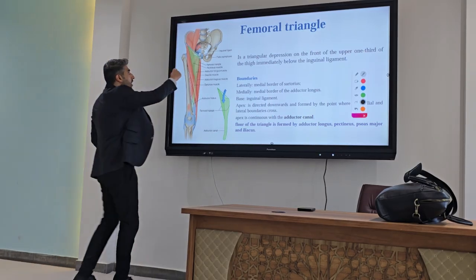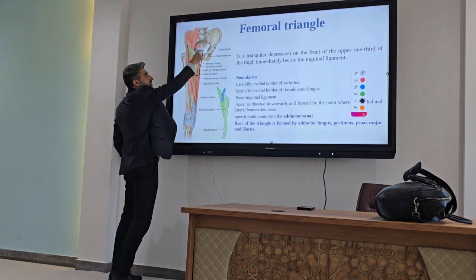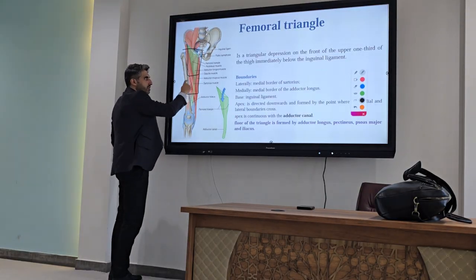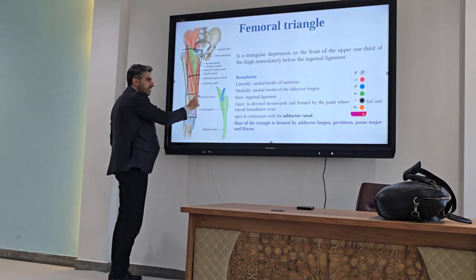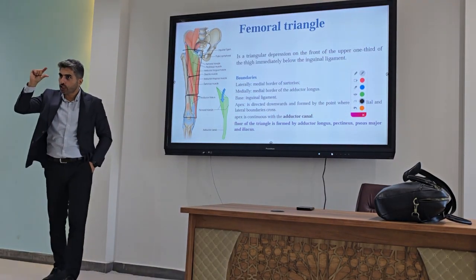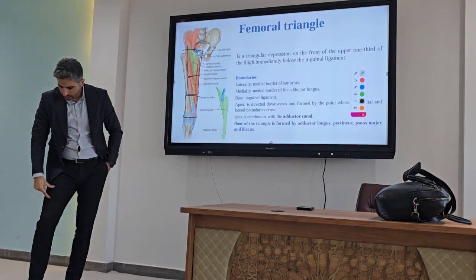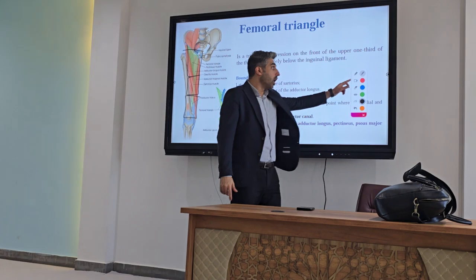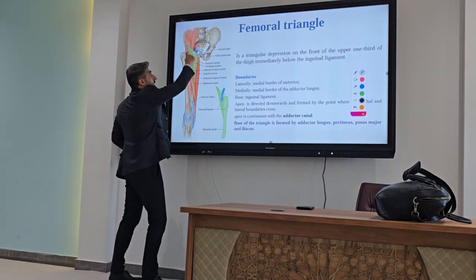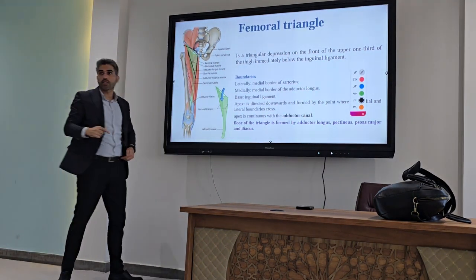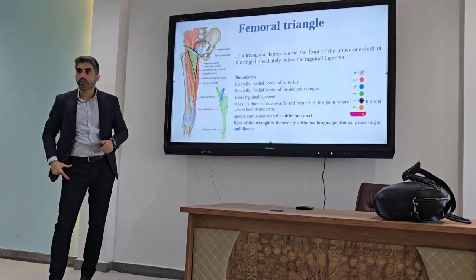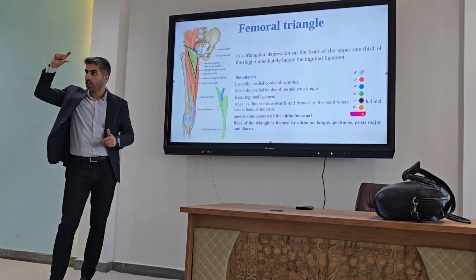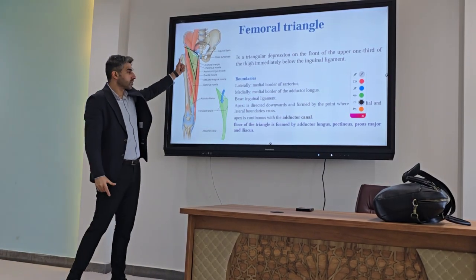So, upper 1/3 is here, middle 1/3 is here, lower 1/3 is here. In each part you have one structure, one shape. In upper 1/3 you have triangle. So triangle is here, in upper 1/3 of the thigh.